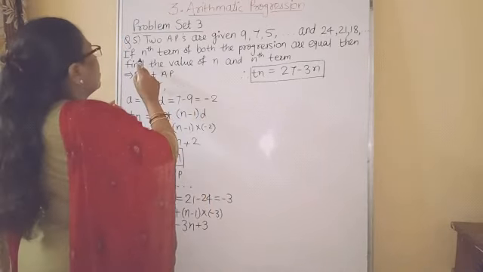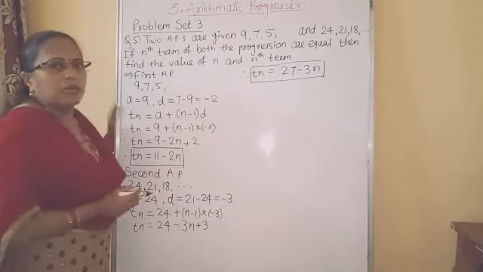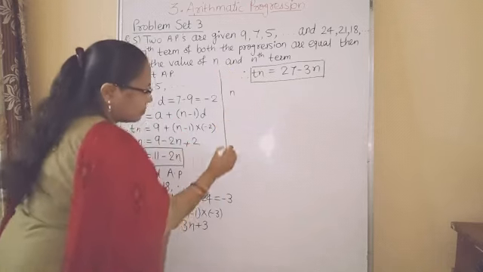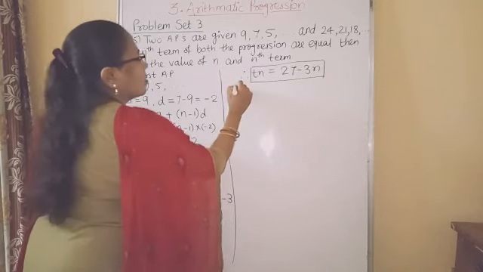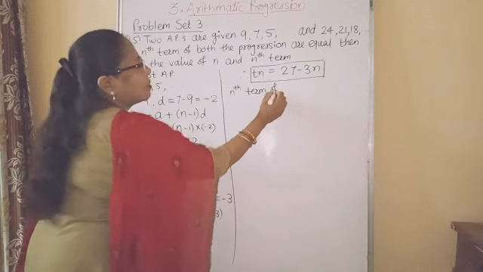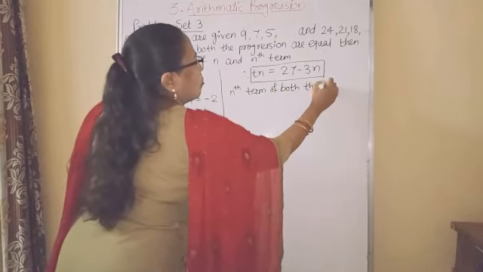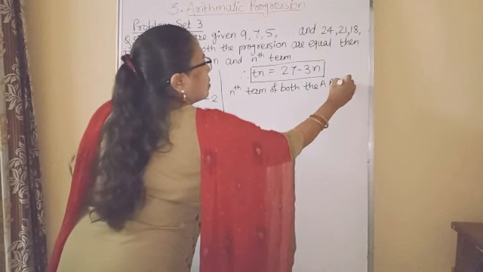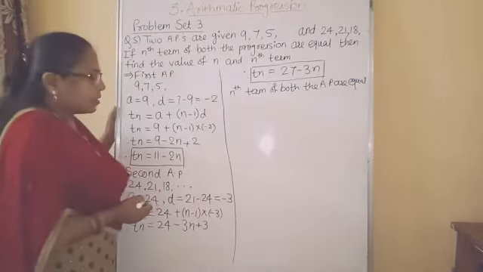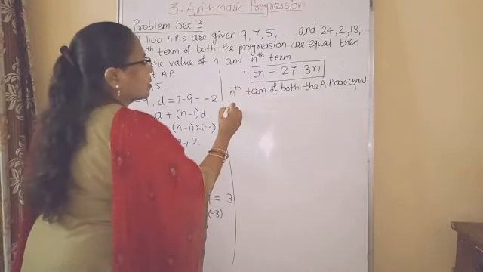And here they gave that the nth term of both the progressions are equal. So the nth term of the first AP is 11 minus 2n.